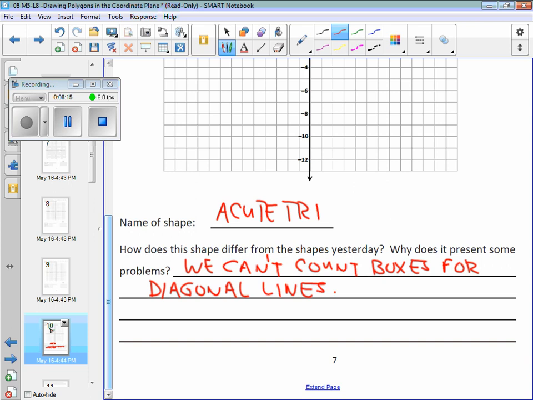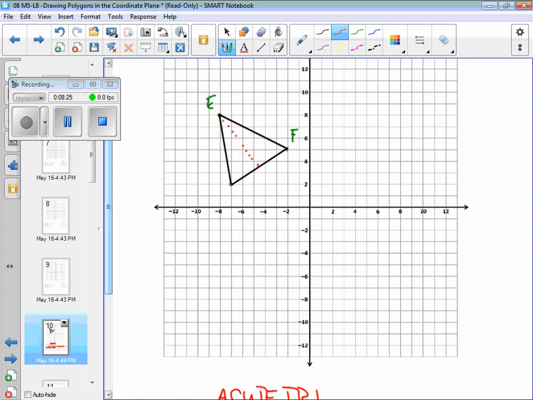We have to think outside the box. Sort of. Okay. But we will, as you will see, that's your hint. Think outside the box, that's your hint.